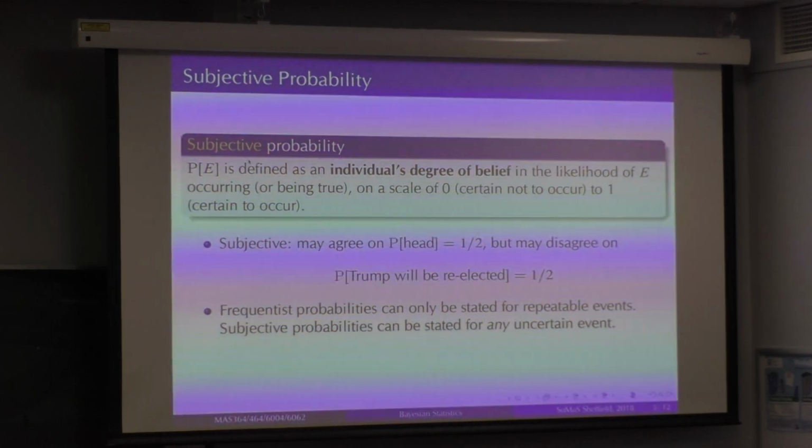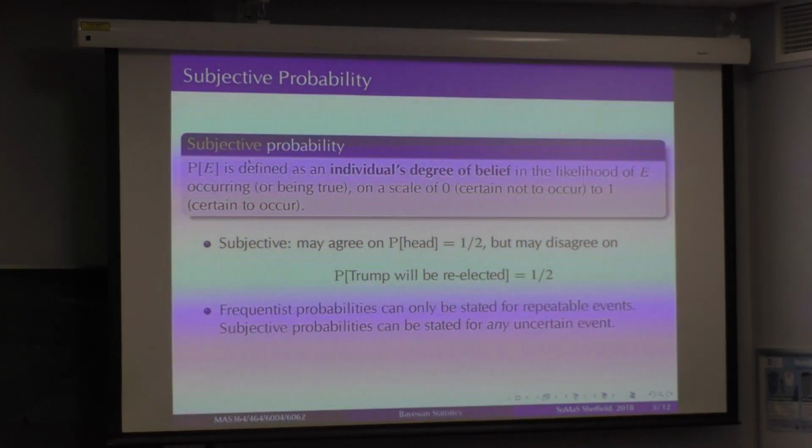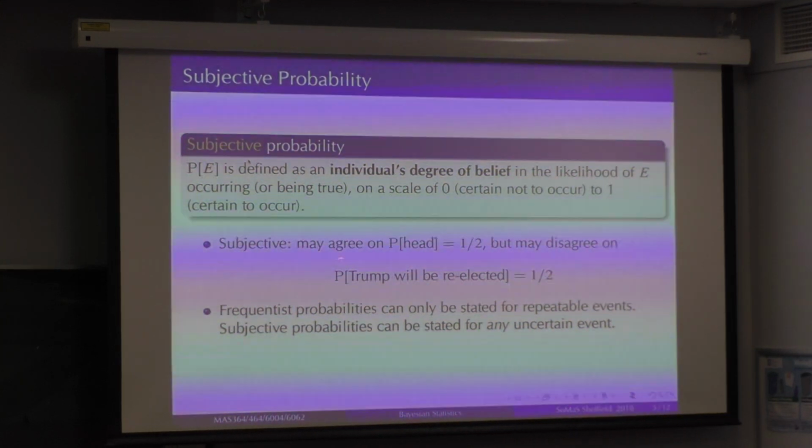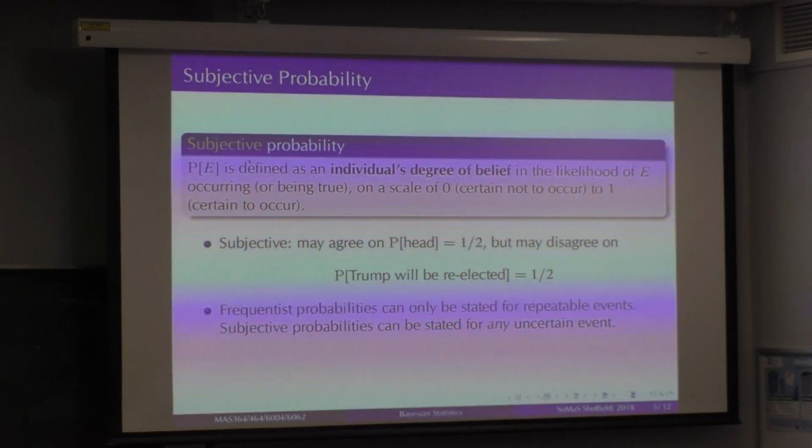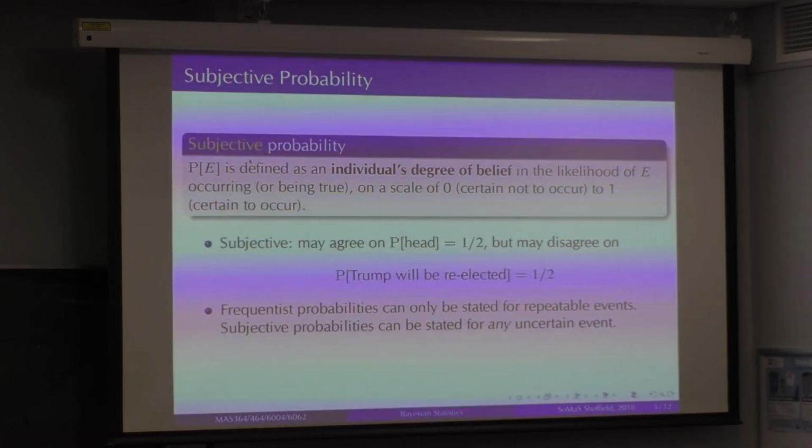And if you think about this, most of the problems that you are faced with when you're doing inference or statistics are of this kind. If you think about economics, and you want to estimate the GDP growth of next year, well, that will happen only once, right?